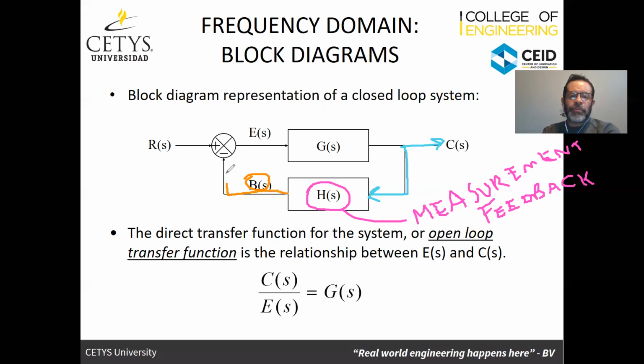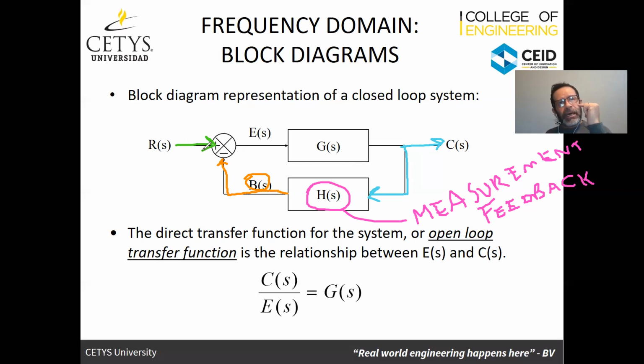And that is going to be provided to a comparison point, which is going to be this comparison point. And basically what's occurring there in the comparison point is that the reference, which is the input, is being compared to the measurement of the output. That comparison is done by a subtraction because that's why it's called negative feedback.